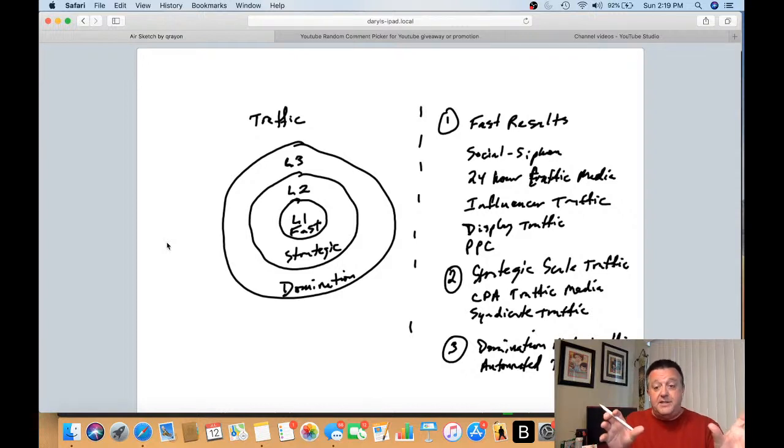You get the machine started with putting a little bit of traffic into it, and then it builds on its own after that. So you put in 100, it becomes 1,000, then 10,000, and then 100,000 leads all on its own. It continues to grow on its own because you've set up a machine that's doing this for you automatically.